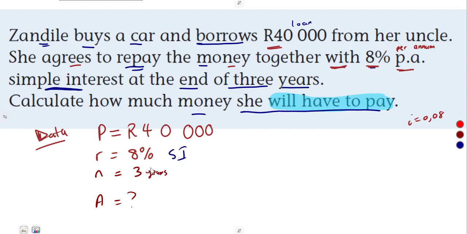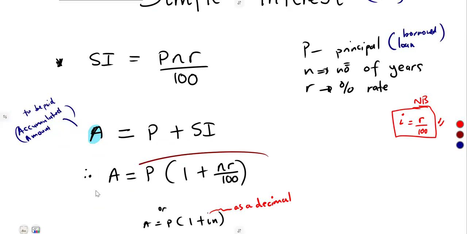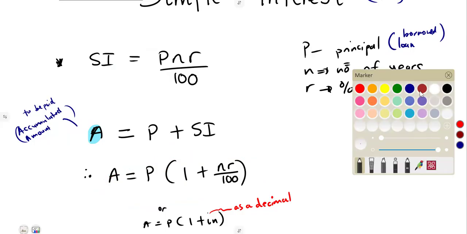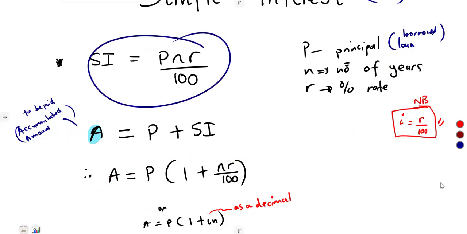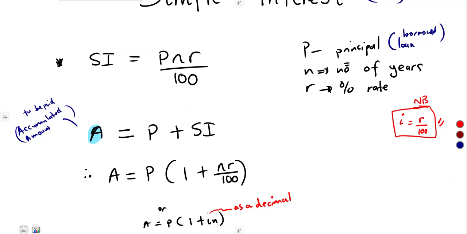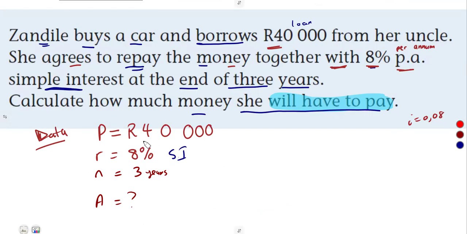So it is in your hands. I'm going to use the first one, considering the simple interest on its own, then using a combined formula. Using the simple interest on its own, we want to know, for this amount, the loan, the principal, what is going to be the interest to be paid in 3 years.